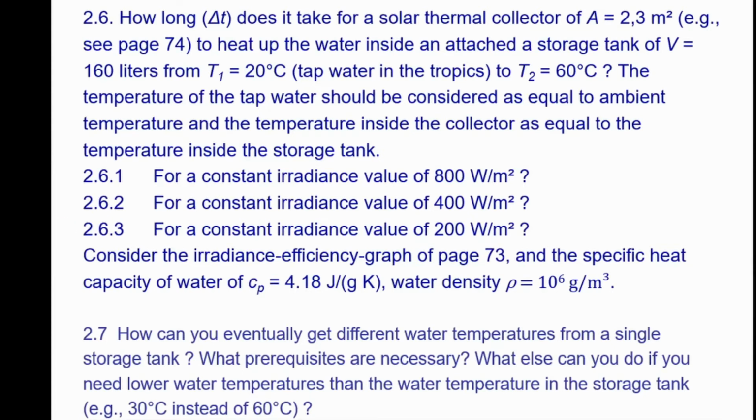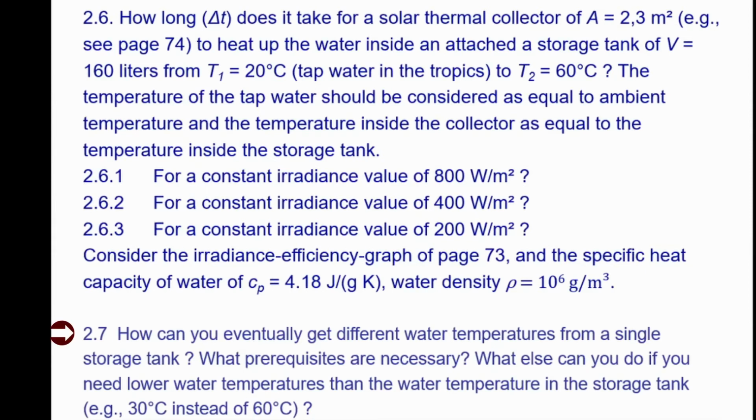Then we consider the irradiance efficiency graphs at page 73. The specific heat capacity of the water, you need that for the calculation, is 4.18 joule per gram Kelvin, and the water density is 1 million grams per cubic meter or 1000 kilograms per cubic meter.